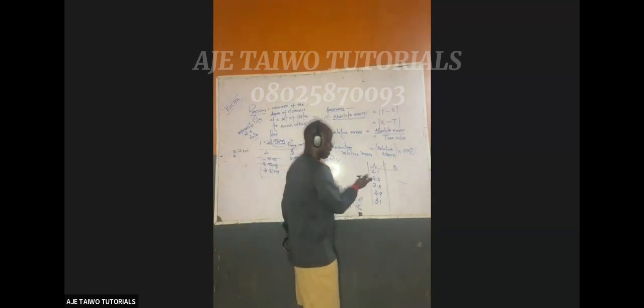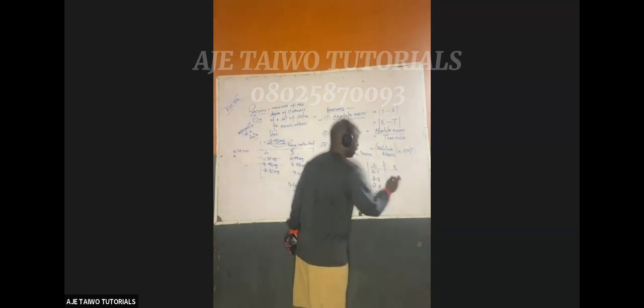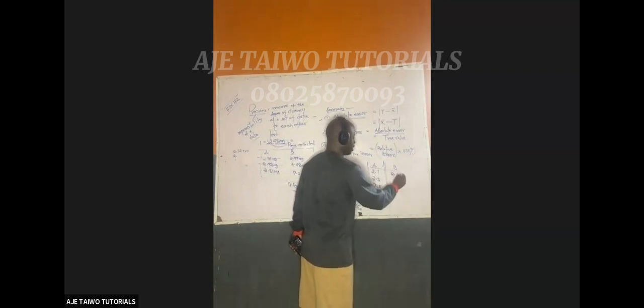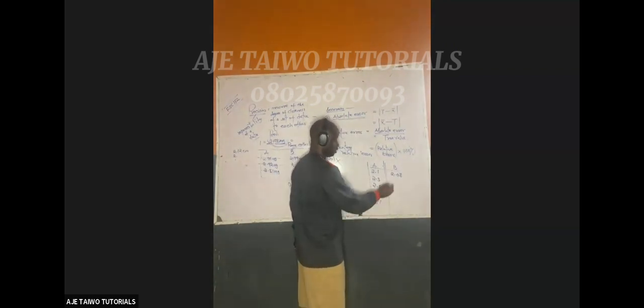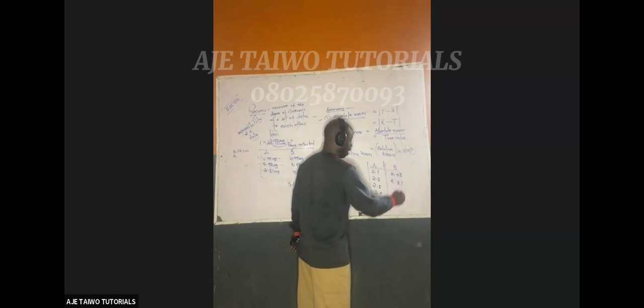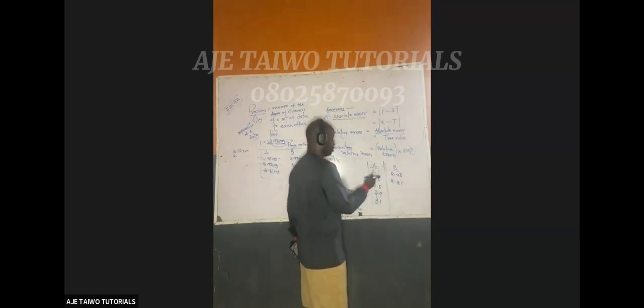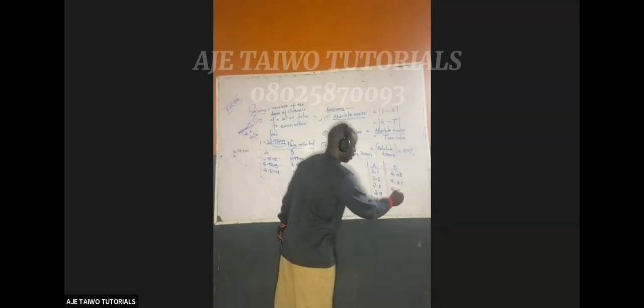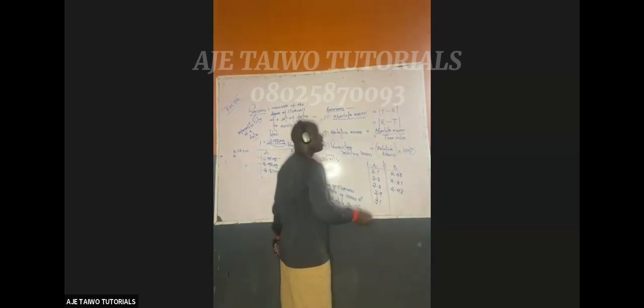You now modify the result as 2.08. It's not the same now. 2.31. You are trying to modify what your friend has gotten. 2.48 and so on.